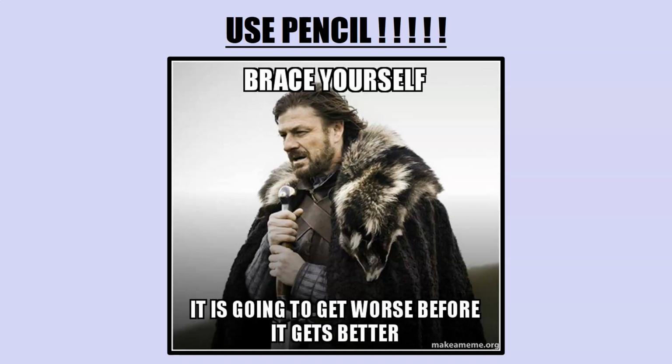It's going to get worse before it gets better. Sometimes you make one change to your balanced equation and things are looking worse and worse and worse, and your numbers are getting worse and things are getting less balanced, and then all of a sudden you put one last coefficient in and it just perfectly fixes everything.